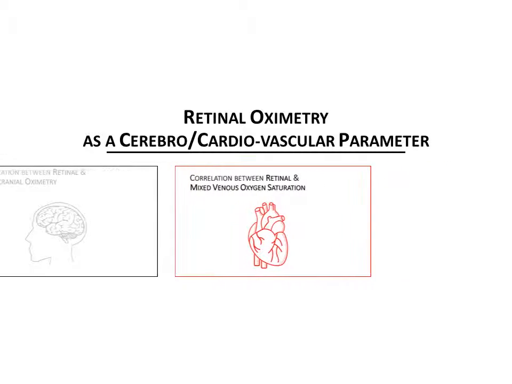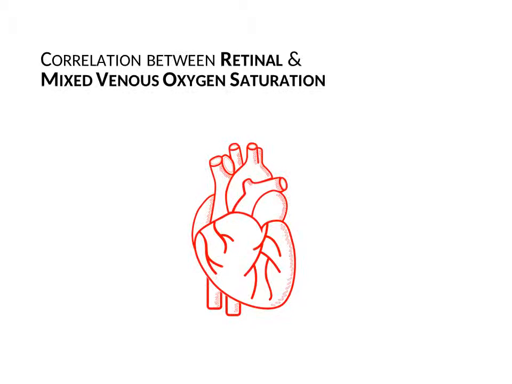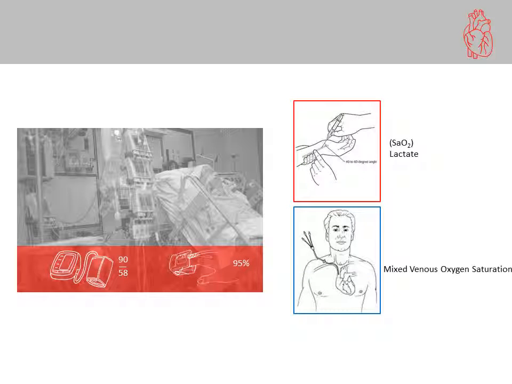And this is a study on the correlation between saturation and mixed venous oxygen saturation. And so one might ask, why mixed venous oxygen saturation? Well, in critically ill patients, as said before, because of a constriction of the peripheral circulation, it's not always good to use the peripheral saturation as a parameter for systemic condition.